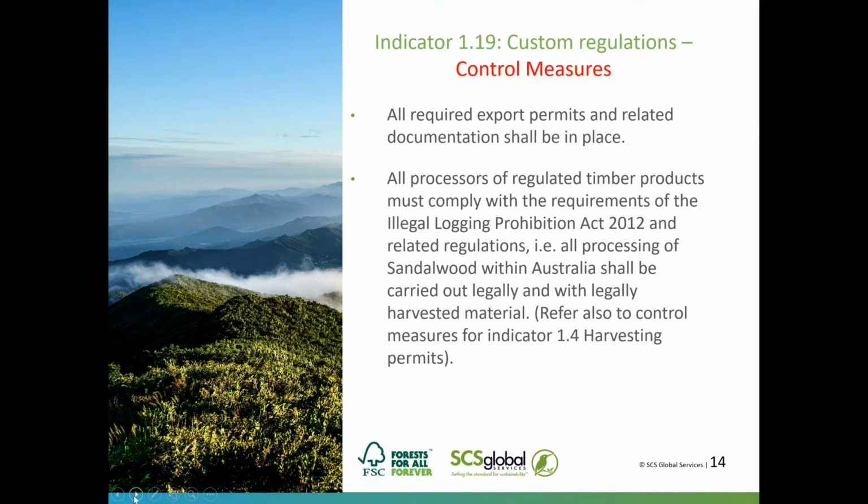I suppose it's worth mentioning that you don't have to be in Western Australia to hold your controlled wood certification. You could sit in Queensland, you could sit in Japan, or the US or somewhere, and be sourcing sandalwood from Western Australia.